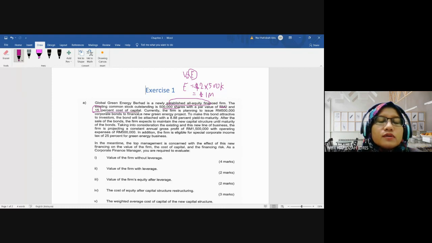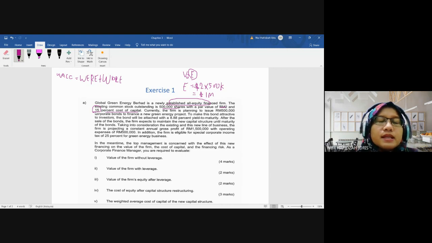Usually when we talk about the cost of capital, we refer to WACC, right? But here we cannot say WACC, because of what? For the WACC, the breakdown should have equity and debt, but currently this company does not have debt, so 15% is not WACC.